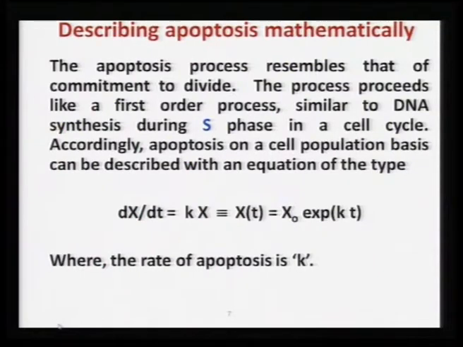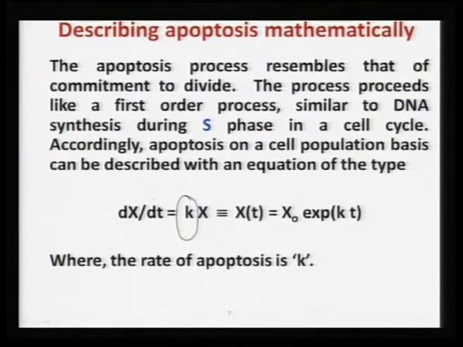A little bit of mathematics here, but very simple. The apoptosis process resembles that of commitment to divide. If you remember, we have seen a similar expression in the case of the cell division process. So, the rate of apoptosis, that means the number of cells undergoing death, dx by dt, is proportional to the population at any particular instance, x, and the proportionality constant here is known as k.